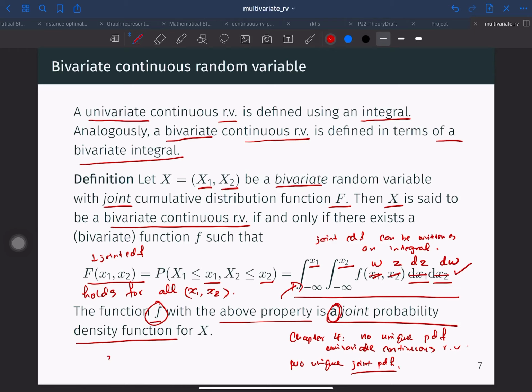The canonical candidate is defined simply as the partial derivative over x1 and x2 of the joint CDF. But that's not really important for us at this point.